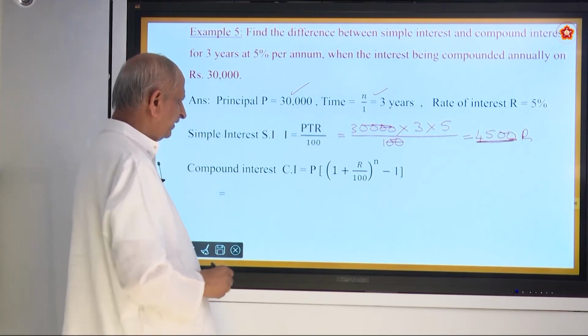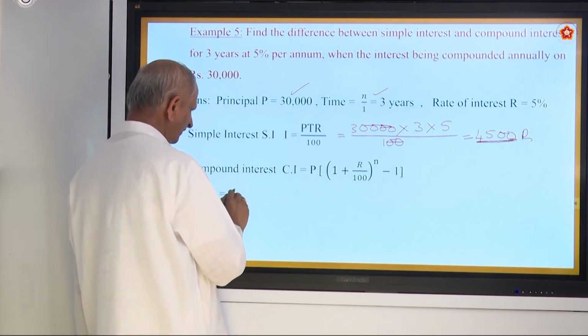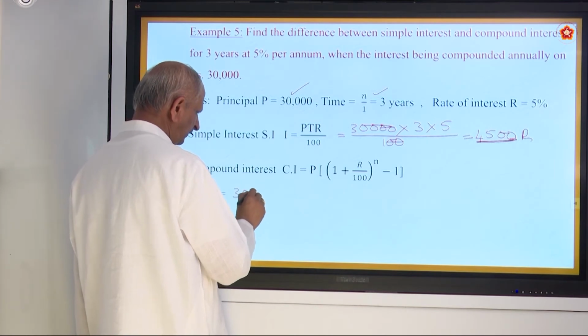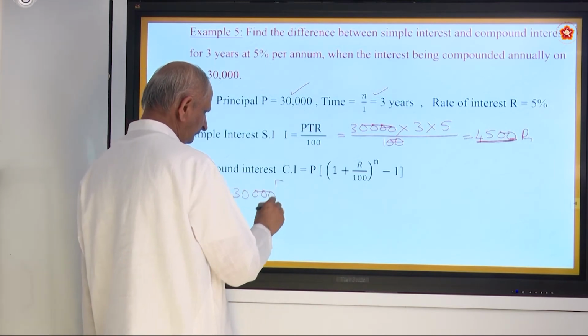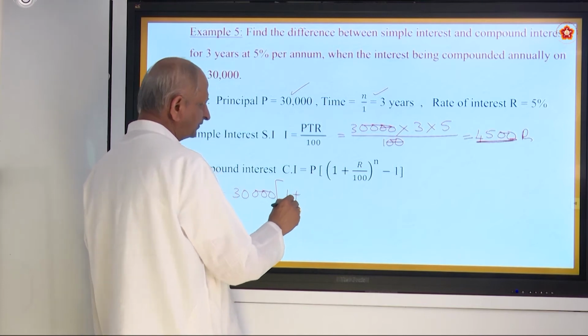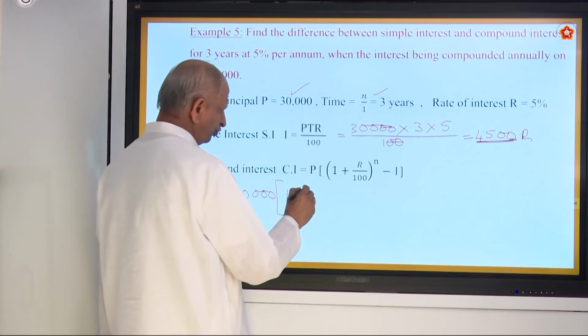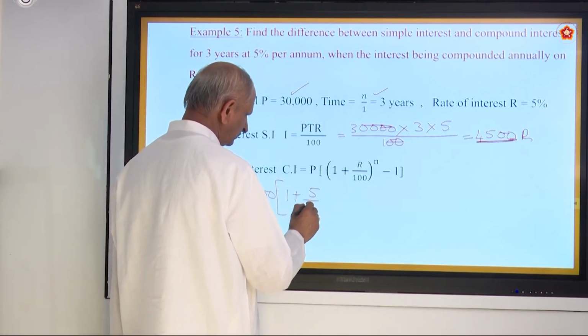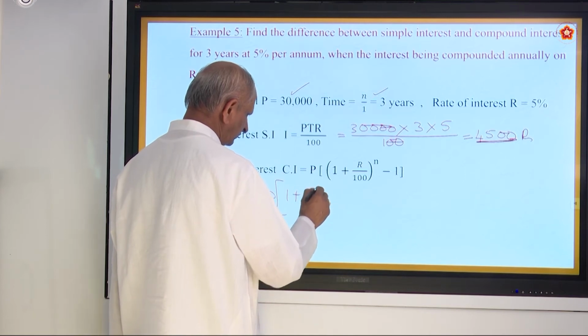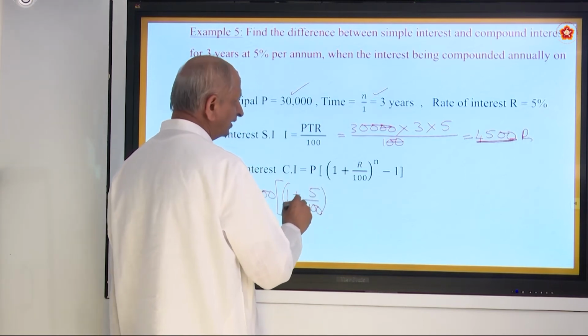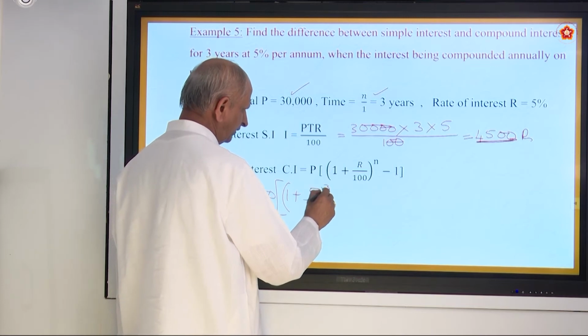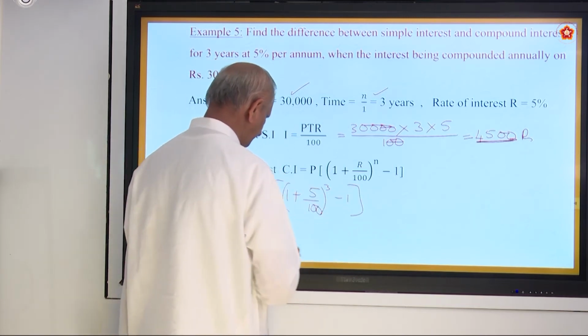Coming to compound interest, principal is 30,000 into 1 plus R, which is 5 by 100, n number of years 3, minus 1.